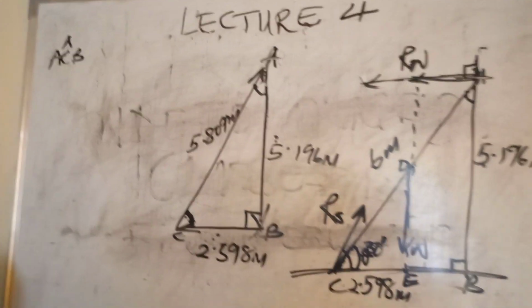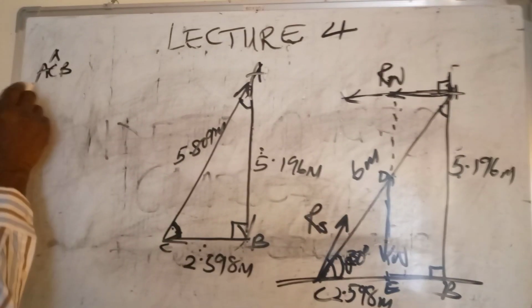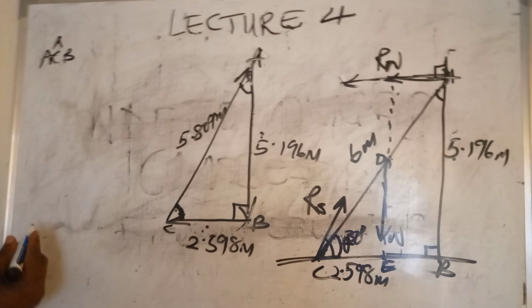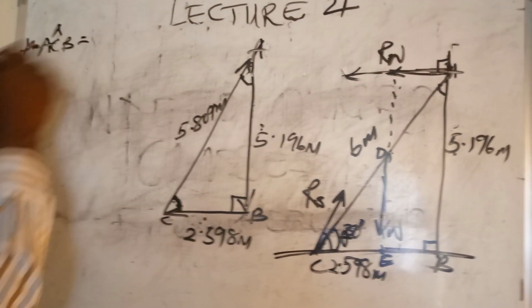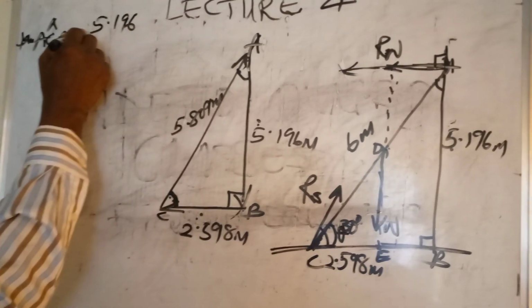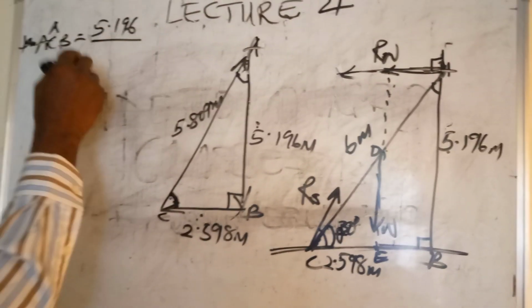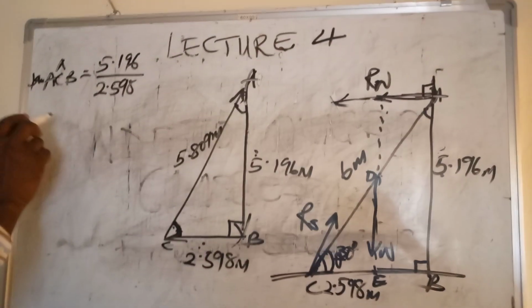So with it, this angle ACB will be gotten. Even tan, if I like, I can say tan of the angle is equal to 5.196 over 2.598, that is opposite over adjacent, which I get.